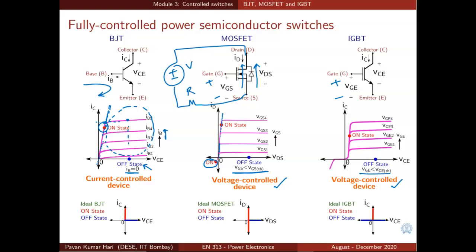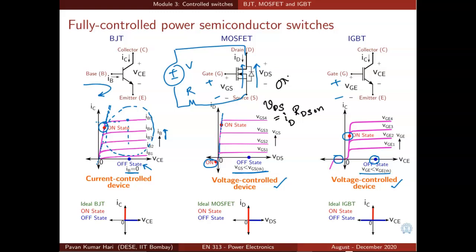Again, in the case of IGBT, the on state is a point here and the off state is a point here. It could also be a point in the negative direction, but then the voltage blocking capability in the reverse direction is very limited, as we have discussed earlier. When the MOSFET is conducting, it can be represented by the equation VDS equals ID into RDS on.